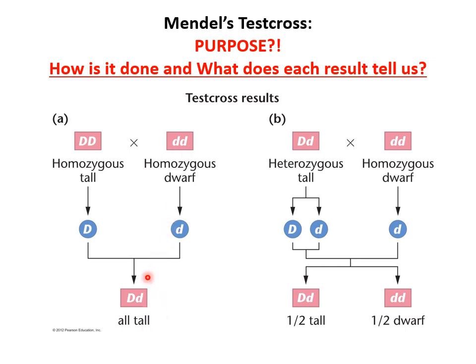If you see that they are all dominant looking, which in this case is all tall, that tells you that the unknown organism's genotype was homozygous dominant. If you do the test cross and you see some dominant looking, some recessive looking, that tells you that your unknown dominant genotype was heterozygous.